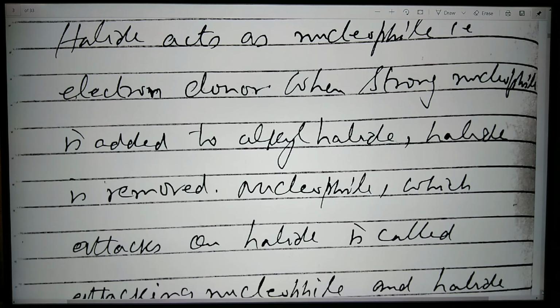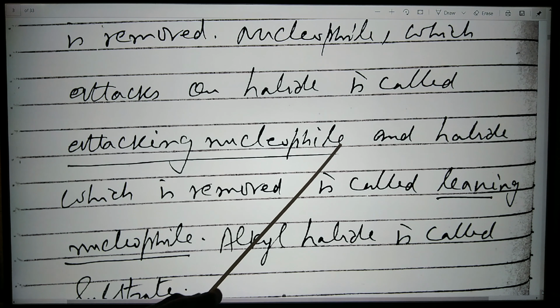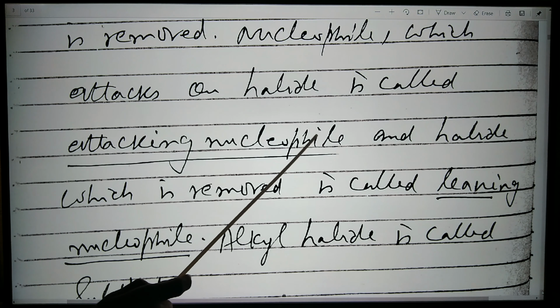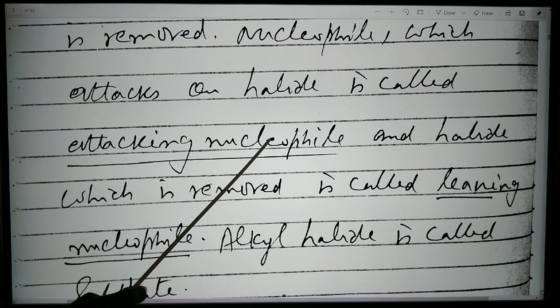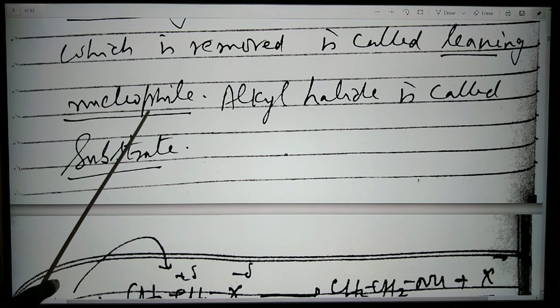The nucleophile which attacks the halide is called the attacking nucleophile. That is, the nucleophile which is added and attacks the halide, that is Cl, is called the attacking nucleophile. And the halide which is removed is called the leaving nucleophile, that is, it leaves the system.